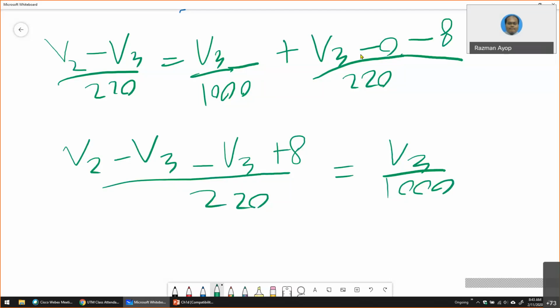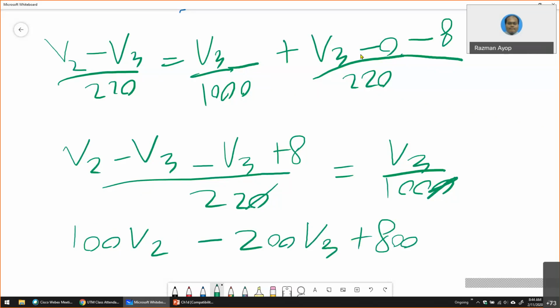So this one is V2 minus, so 1000 V. Oh, so you simplify this. Okay. So 100 V2 minus 200 V3 plus 800, okay, equals to 22 V3.